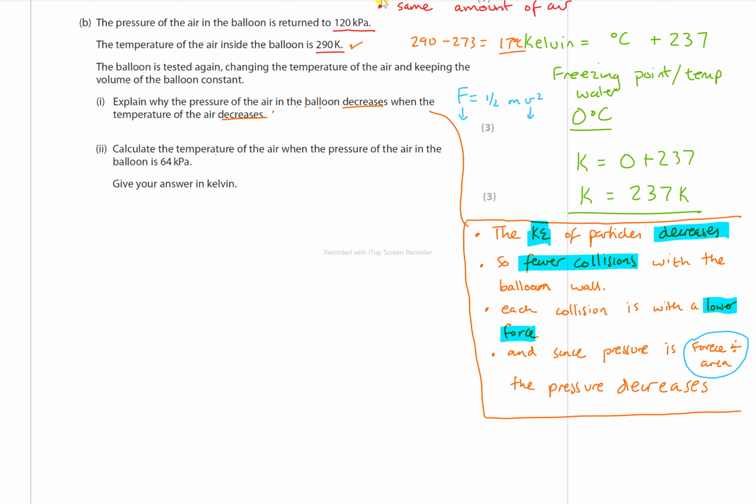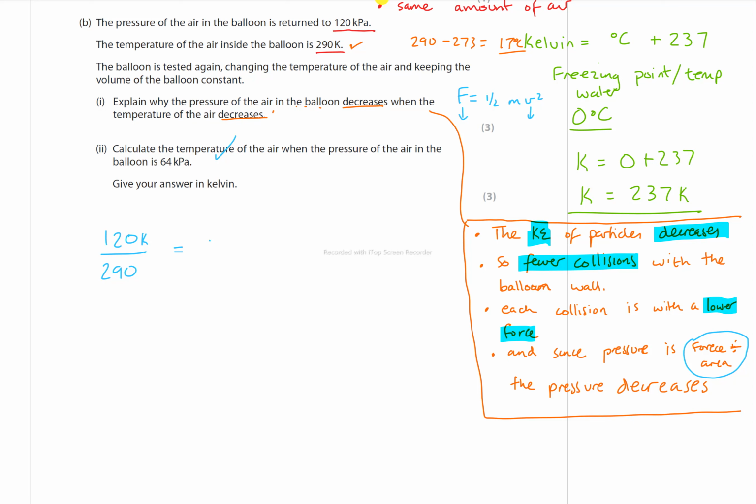So calculate the temperature when the pressure in the balloon is that. So what they're saying is 120 kilopascals over 290 Kelvin is equal to 64,000 over temperature 2.